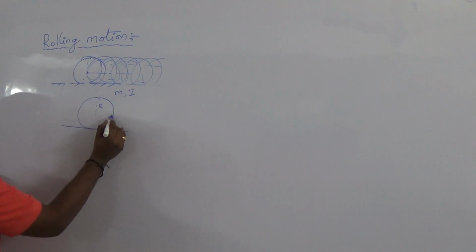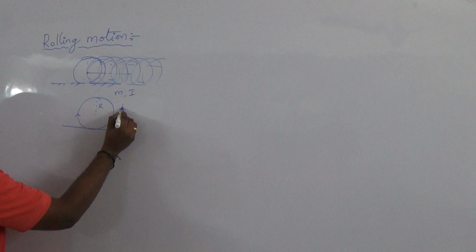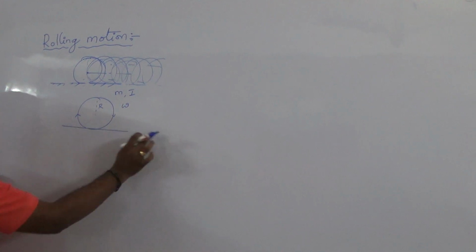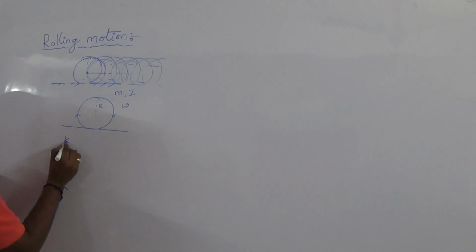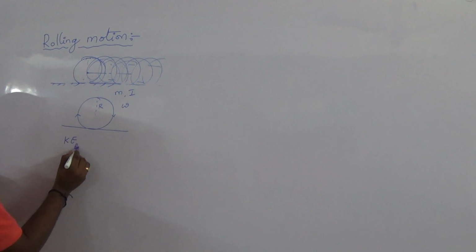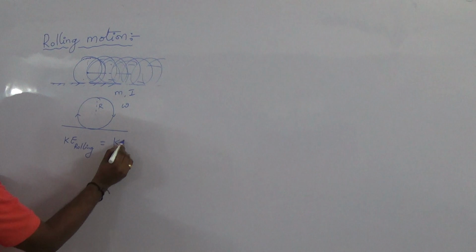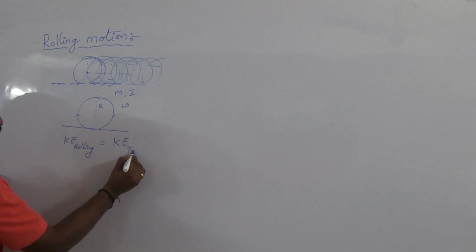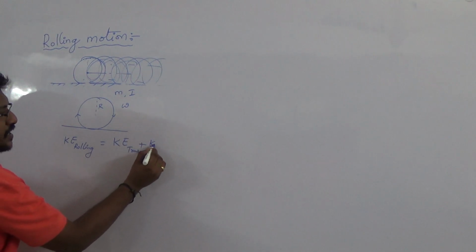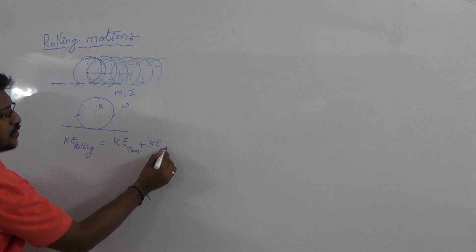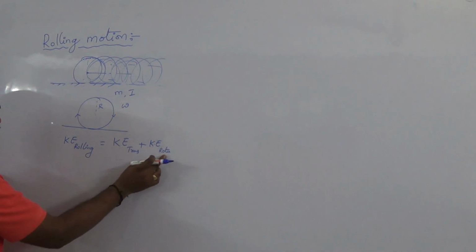It is in rolling motion with angular velocity omega. So the kinetic energy of the body in rolling motion is equal to the kinetic energy due to translatory motion plus the kinetic energy due to rotatory motion. Rolling is nothing but translatory and rotatory.